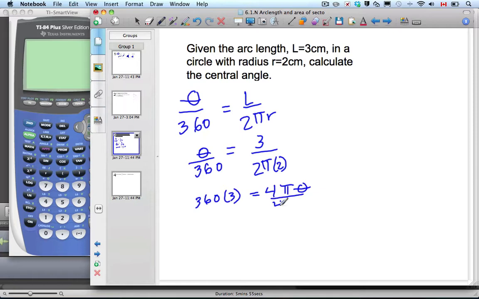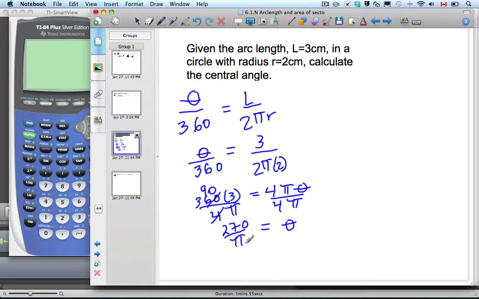So we can divide by 4 pi. Well, I can do 360 divided by 4, which is 90, and then 90 times 3 is 270 over pi.